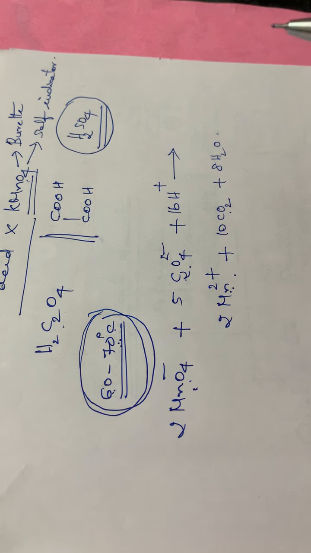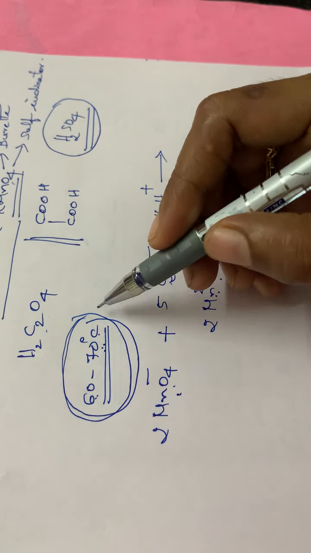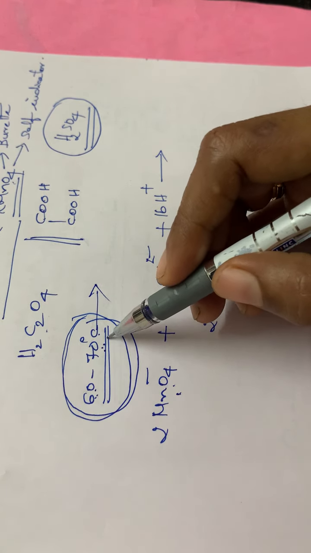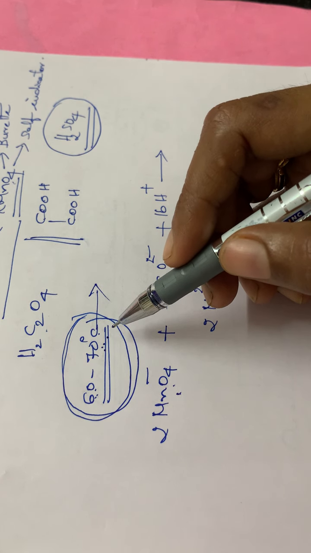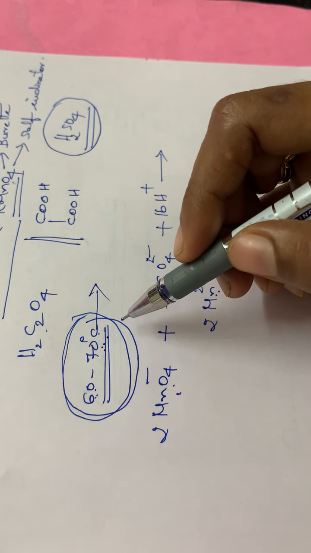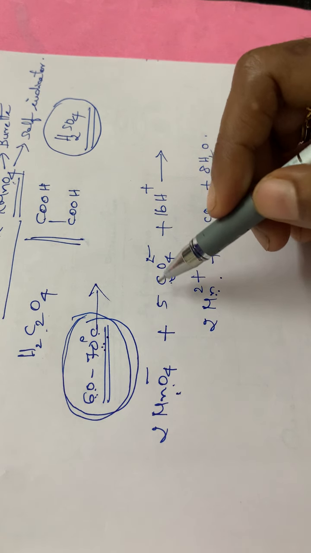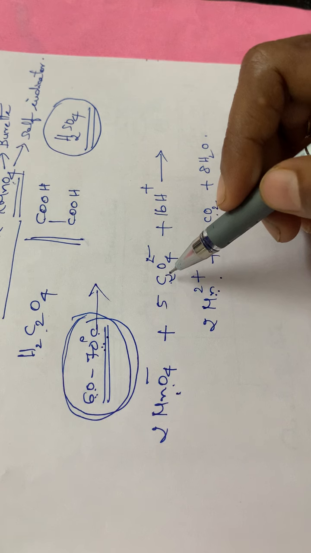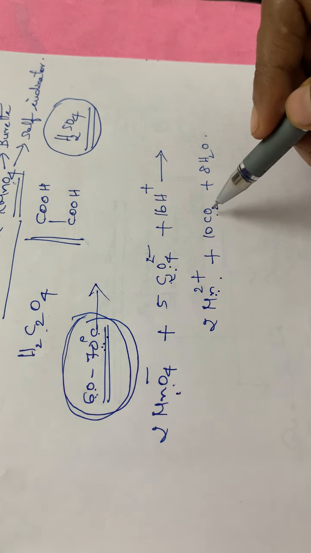Here sufficient temperature is required, as the reaction takes place at 60 to 70 degrees Celsius. What is the purpose of heating? While we are adding permanganate to the oxalic acid solution, carbon dioxide is formed.